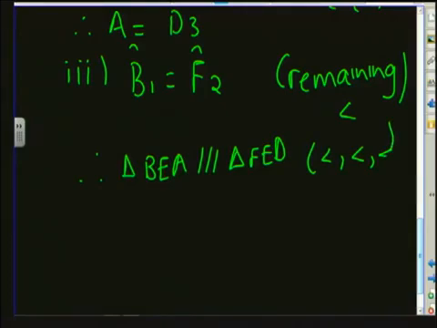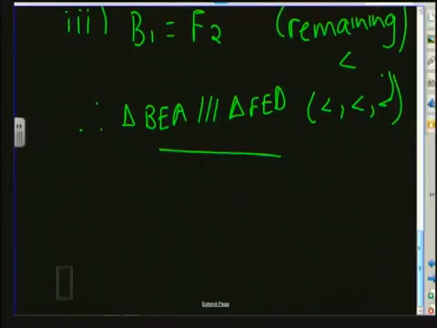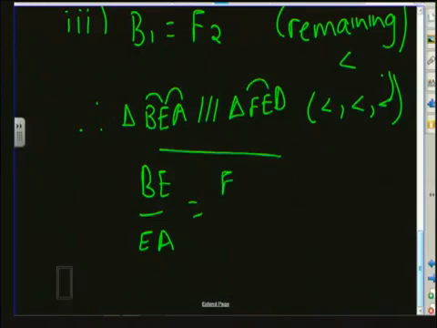Okay, now that we have these two triangles similar, remember we're not done yet. We still need to state the ratio that they asked us to prove, right? So from the similarity, I know that's going to give me BE over EA is equal to FE over ED.